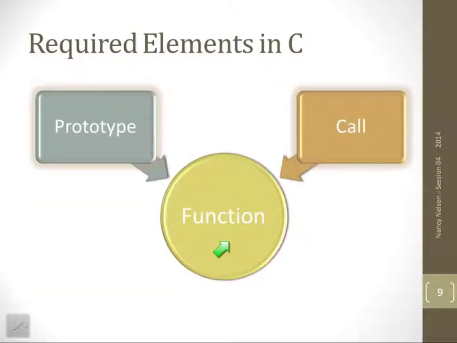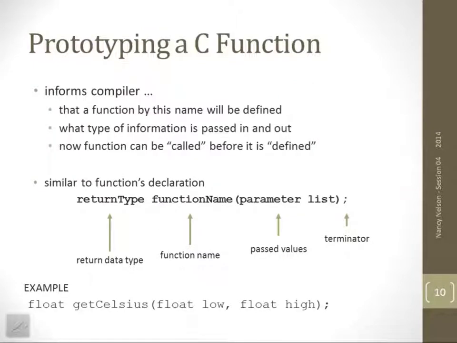Now that we have our function written, it's time to look at the other two parts, defining the prototype and making the actual call. The prototype for a C function is not used in the actual execution of the code, but it's information for the compiler. And what it does is it identifies three things to the compiler.